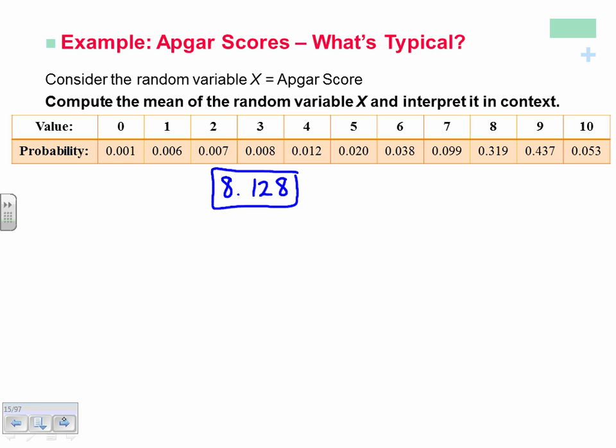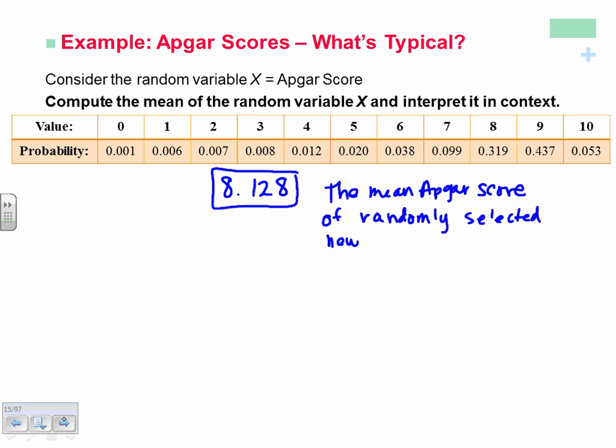Hopefully great. All right, so how would I interpret that? What would the mean mean here? It tells us that the mean APGAR score of a randomly selected newborn is 8.128.